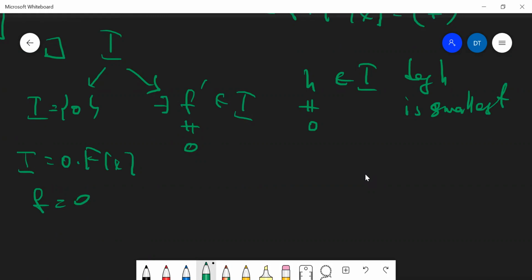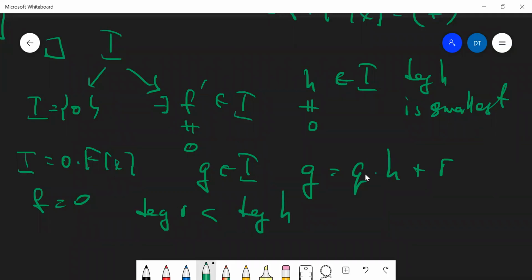So if we take an arbitrary g of I, we divide g by h with the remainder, and here we have that the degree of the remainder is strictly smaller than the degree of the polynomial h.